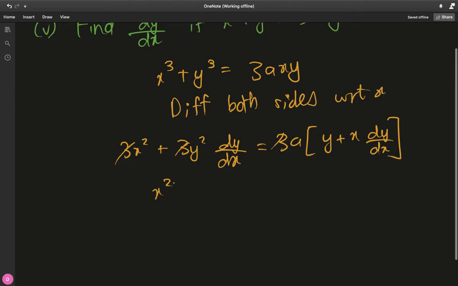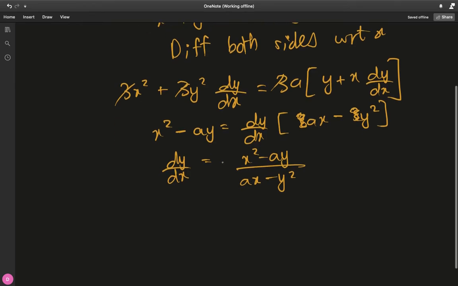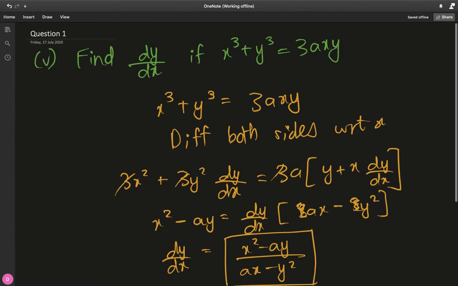So we'll have x squared minus ay is equal to dy over dx times, sorry, ax minus y squared, and then dy over dx just becomes x squared minus ay divided by ax minus y squared. So that's the expression for dy over dx that we intended to find.